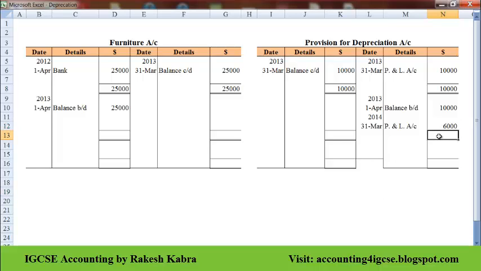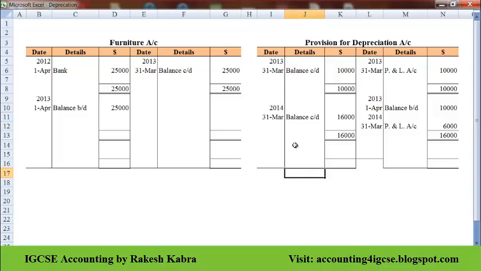Now again I will compute the balance. This time the balance of the provision account will be 16,000. So the balance 16,000 will come, and I will write here balance carried down, with the last date 2014 March 31st.